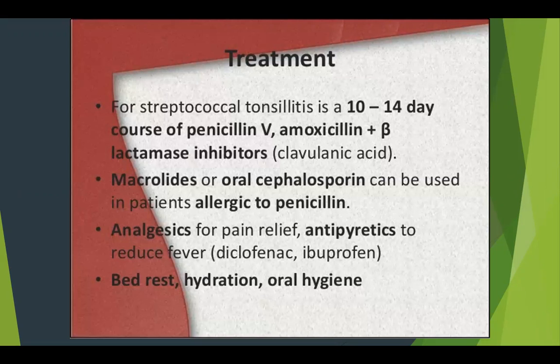For streptococcal tonsillitis, a 10 to 14 day course of penicillin V, or amoxicillin plus a beta-lactamase inhibitor, that is clavulanic acid, is used. Macrolides or oral cephalosporins can be used in patients. If they are allergic to penicillin, they switch over to macrolides.